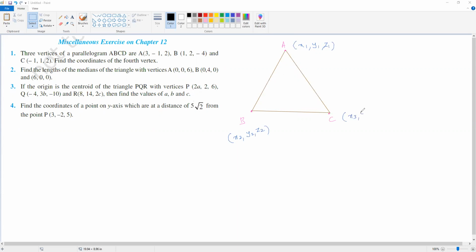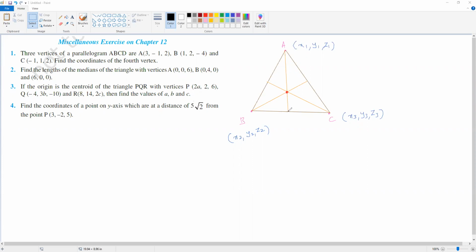C is x3, y3, z3. We need to find the coordinates of the centroid. The centroid is the point of intersection of the medians. So we can draw three medians. This is the centroid. So we have to find the coordinates of that.